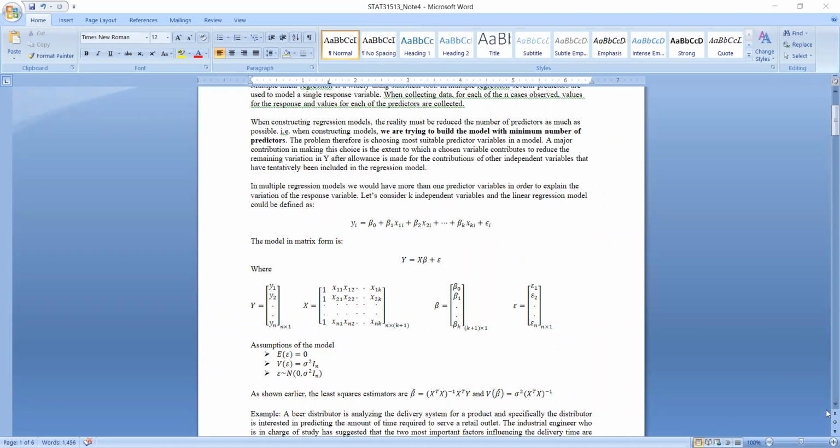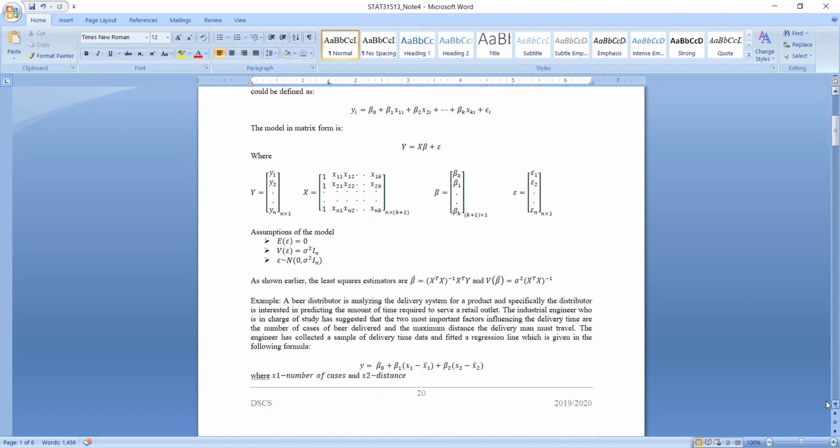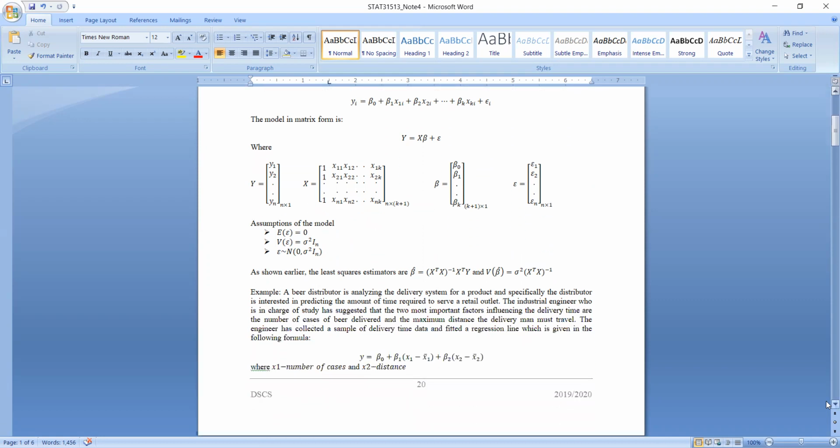So let's see how to do the calculations. In this example, a beer distributor is analyzing the delivery system for a product, and specifically the distributor is interested in predicting the amount of time required to serve a retail outlet.